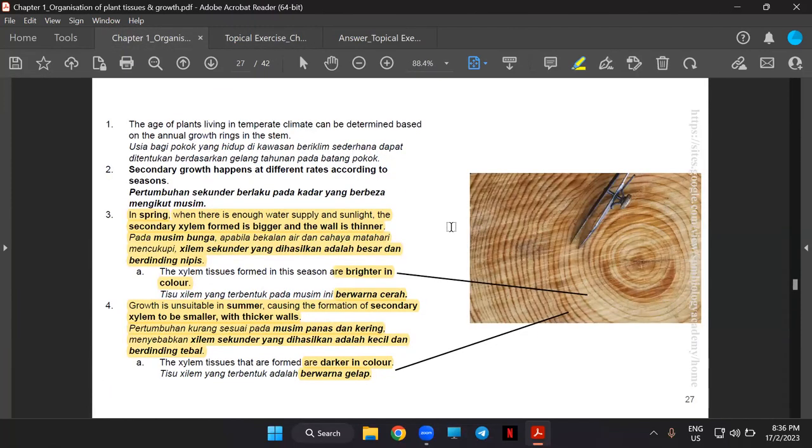In spring, when there is enough water supply and sunlight, the secondary xylem formed is bigger and the wall is thinner and are brighter in color. Pada musim bunga, apabila bekalan air dan cahaya matahari mencukupi, xylem sekunder yang dihasilkan adalah besar dan berdinding nipis serta berwarna cerah.